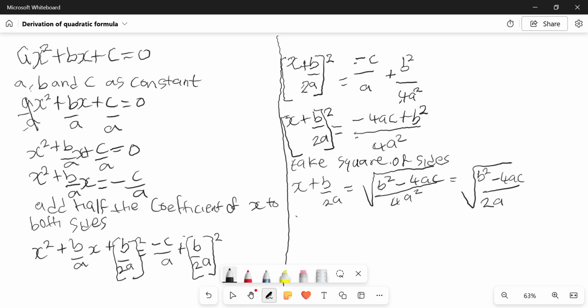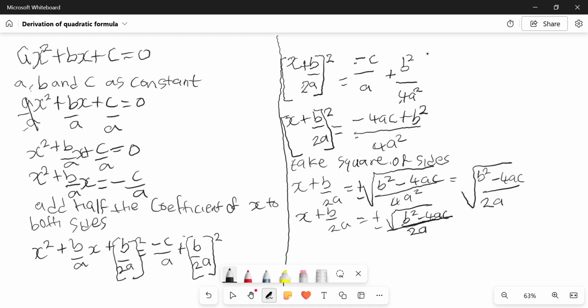So your x plus b all over 2a is equals to, please remember when you take the square root, this has to become plus or minus, so it equals plus or minus root b squared minus 4ac all over 2a.